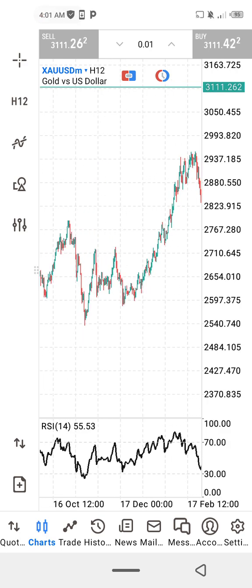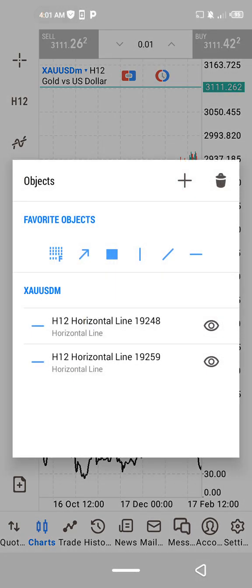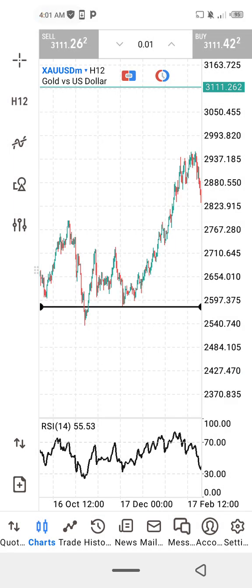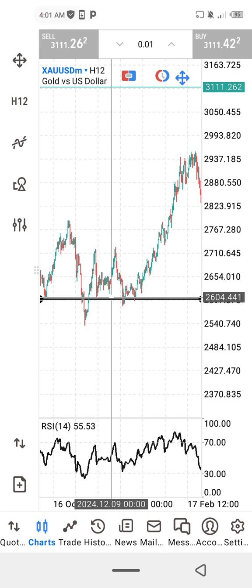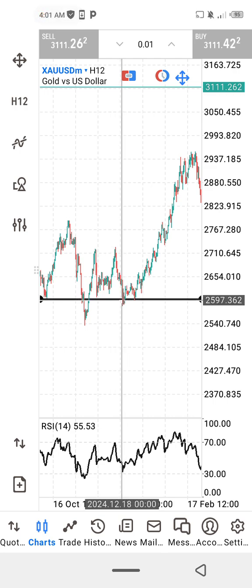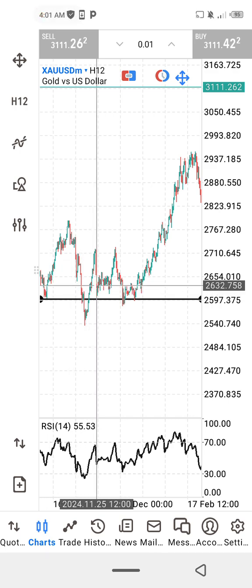So here we also have a head and shoulders setup. I don't know if you can see this, but this is a head and shoulders in a way. Here is the first head. This is a shoulder. Here is a head, and here is also a shoulder.